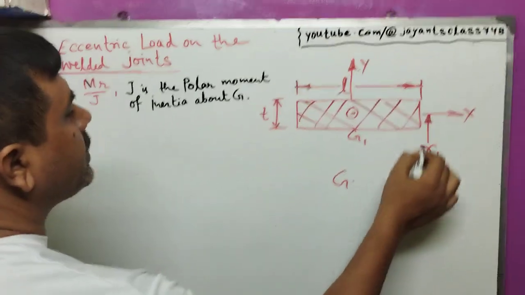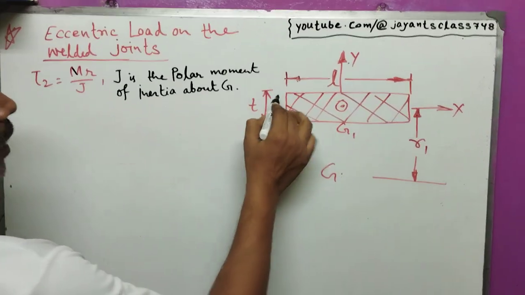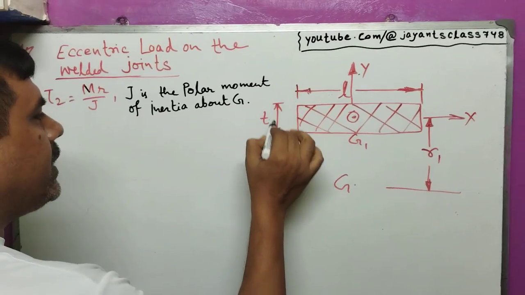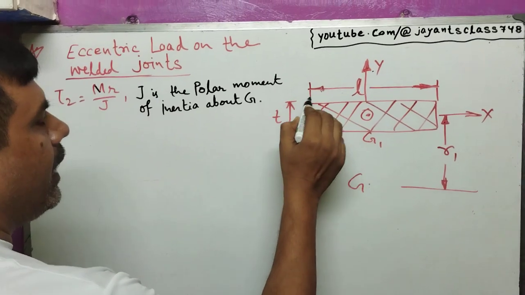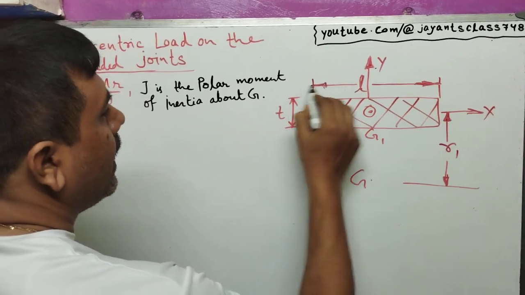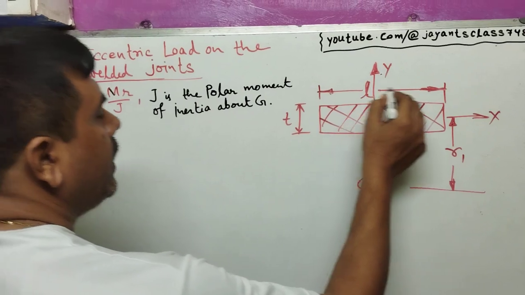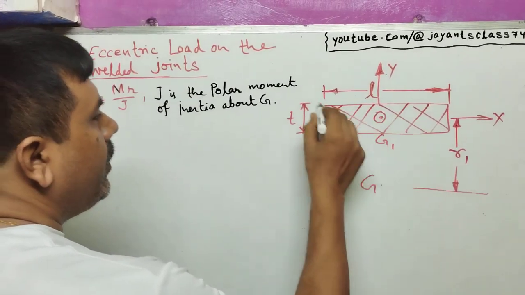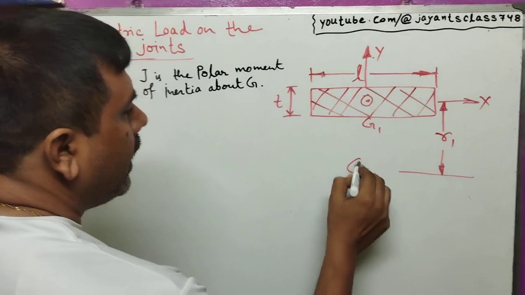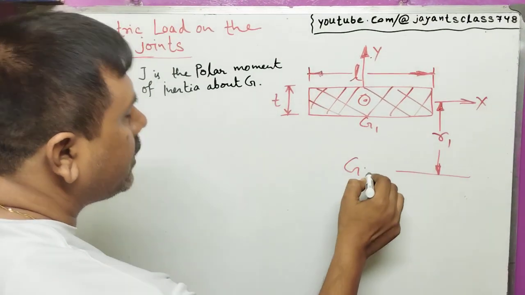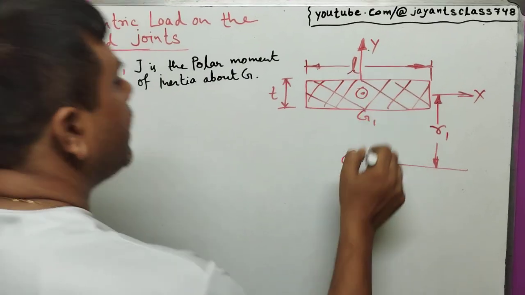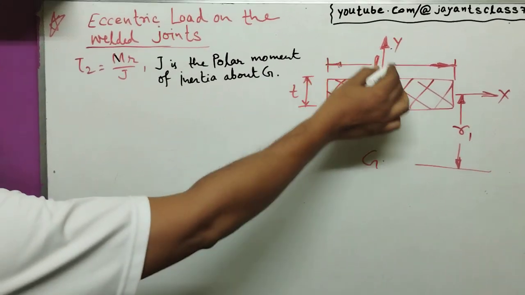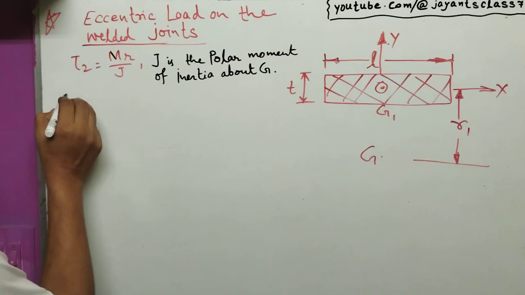Now, in the next figure, W1 is the weld where the throat thickness is T and L is the throat length. G1 is the center of gravity of this weld, and G is the total center of gravity of the welds. Now we calculate from the figure.